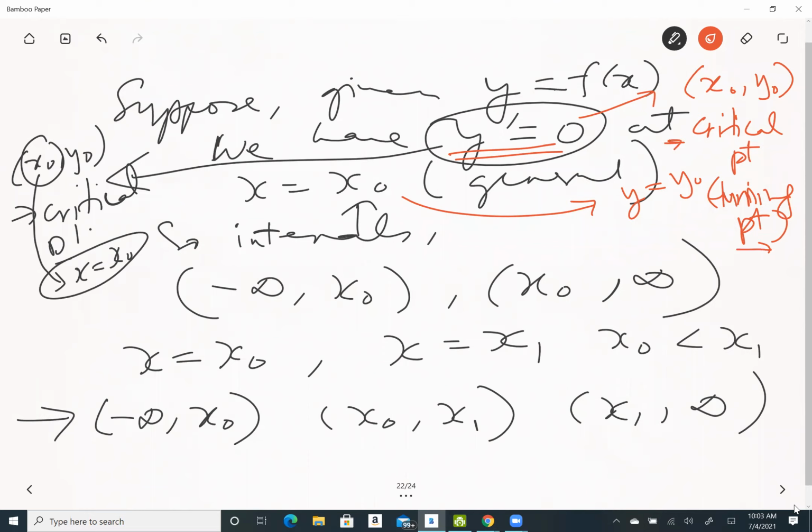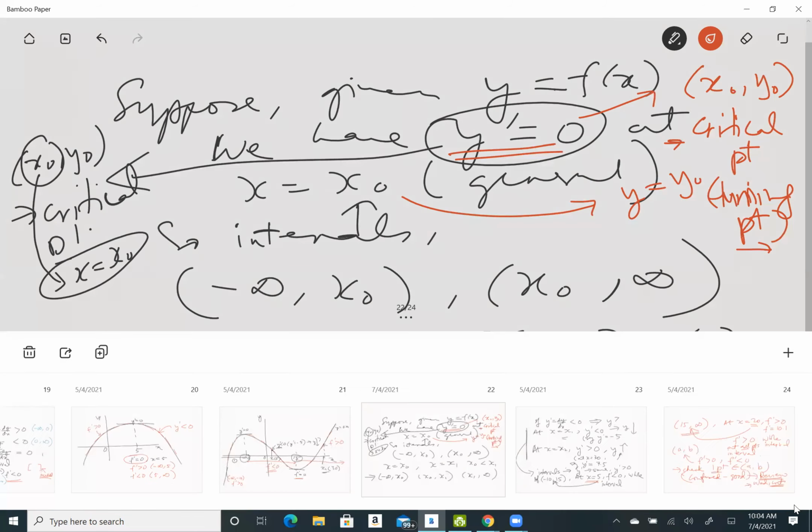So that critical point or turning point is the point where we'll separate the interval for which the y prime is positive and the y prime is negative. And we know over one interval, the y prime is either positive everywhere, or the y prime is negative everywhere.